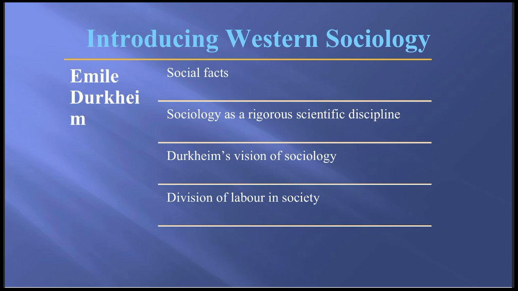Now, Durkheim, in his first book, Division of Labor in Society, discussed the evolution of society from the primitive to the modern. He classified a society on the nature of its social solidarity, and on this basis, there was mechanical solidarity and organic solidarity.